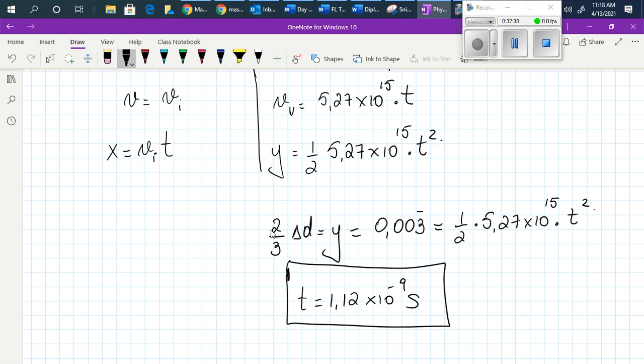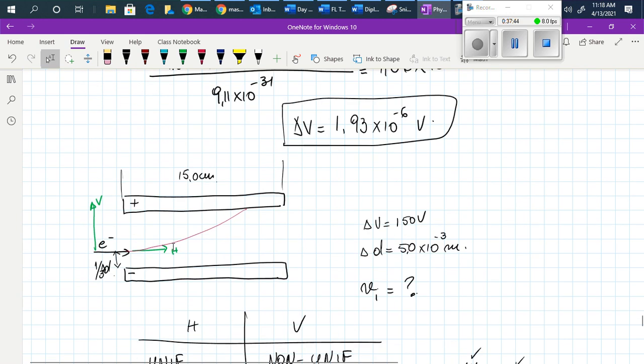Okay, and now using the fact that it barely passes the plate, the path actually will be barely passing the plate like this. This will be the path.